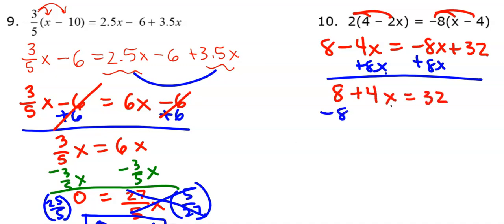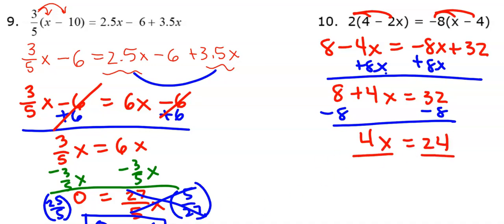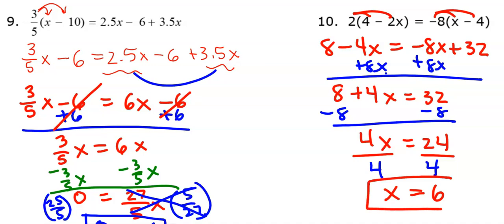I'm going to subtract 8 from both sides, which gives me 4x equals 24, and I'm going to divide both sides by 4, giving me x equals 6.